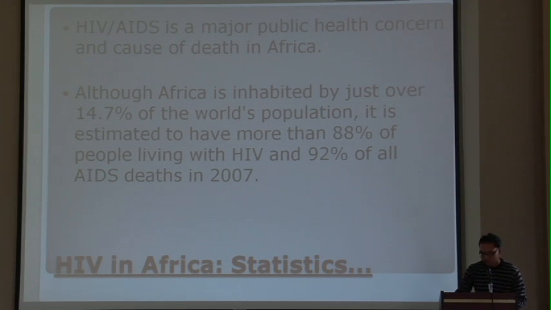And just comparing it, HIV in Africa is a major health concern. Although Africa is inhabited by just over 14.7% of the world's population, it is estimated that more than 88% of all people living with HIV are in Africa, and 92% of all AIDS deaths occurred there in 2007.